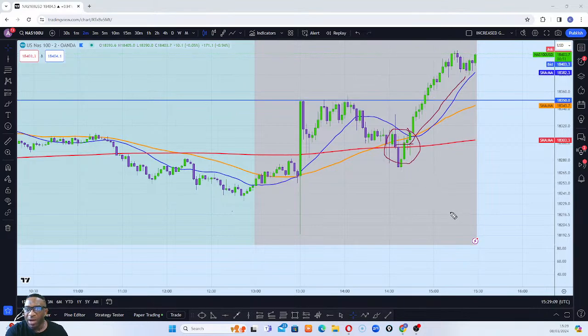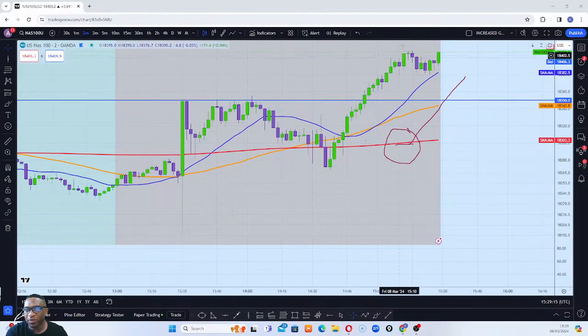So currently where price is now, there's a high probability that it's forming an M, then pulling back to the narrow state. The first leg is almost completed. This might be the second one, then we have a pullback.